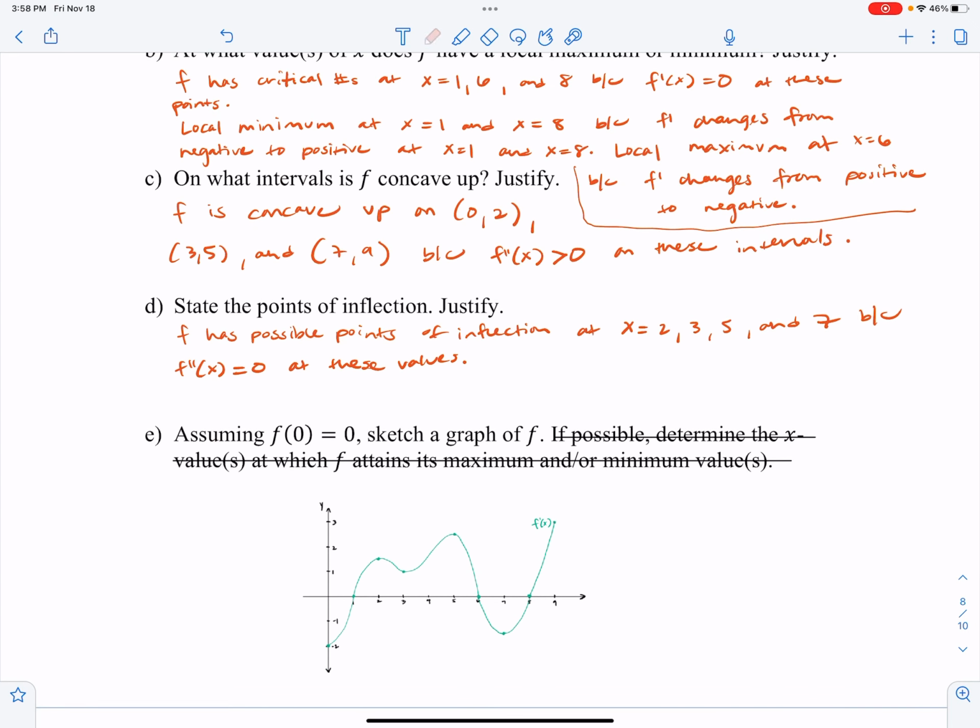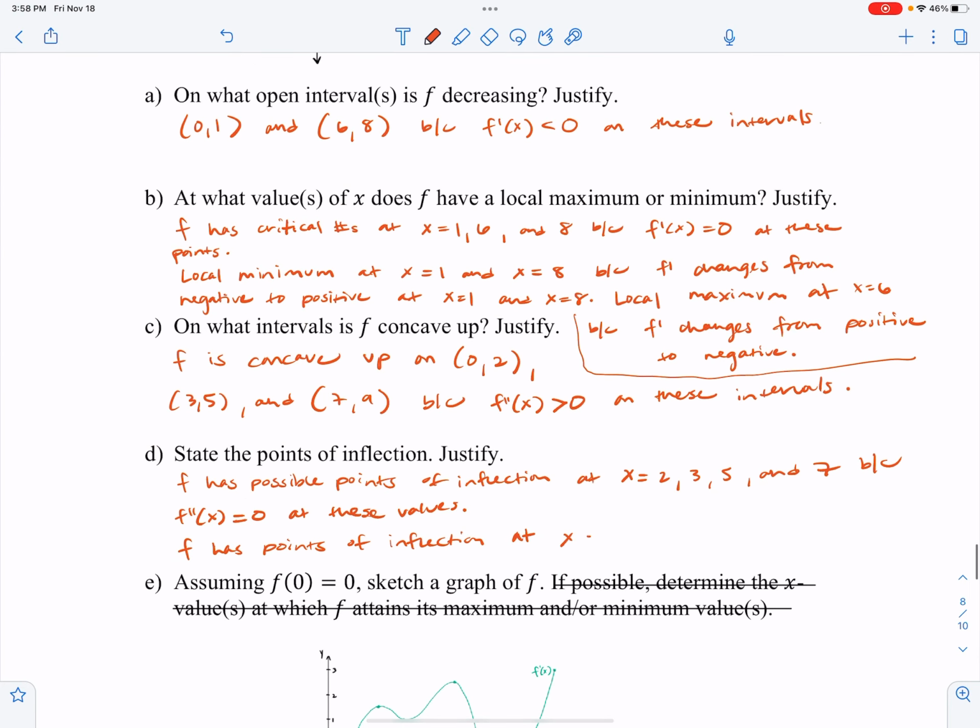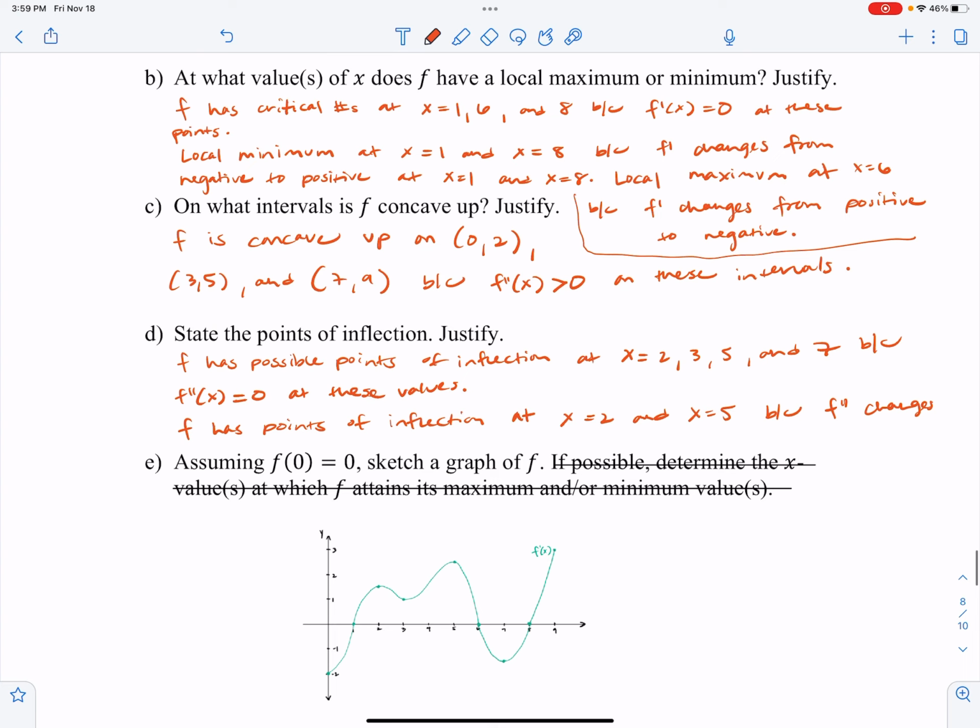So we can say that f has points of inflection at x equals 2 and x equals 5 because f double prime changes from positive to negative at these values.